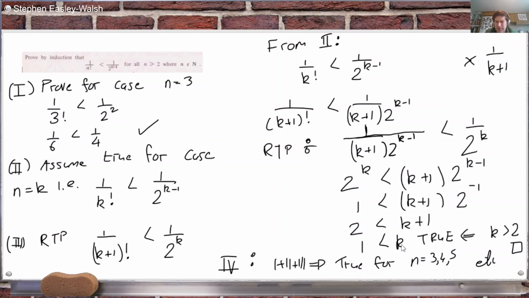Just wondering now, because this was true, would this have been true if we started at 2? Is 1 over 2 factorial less than or equal to 1 over 2?